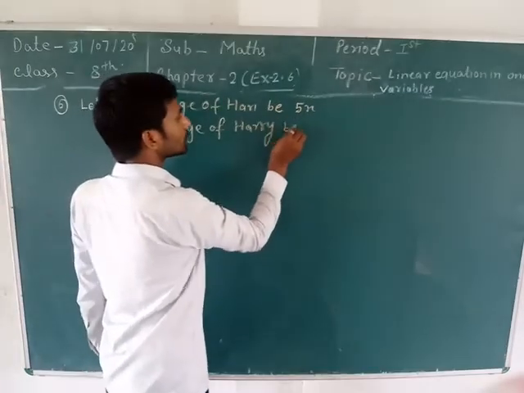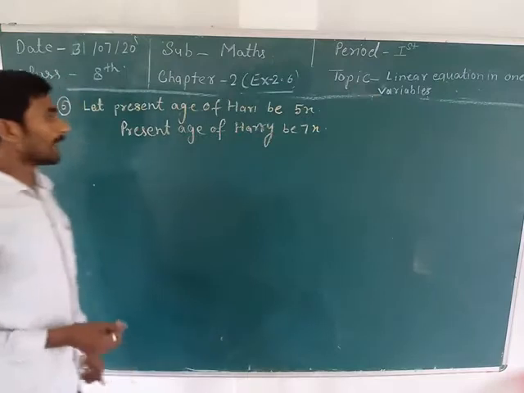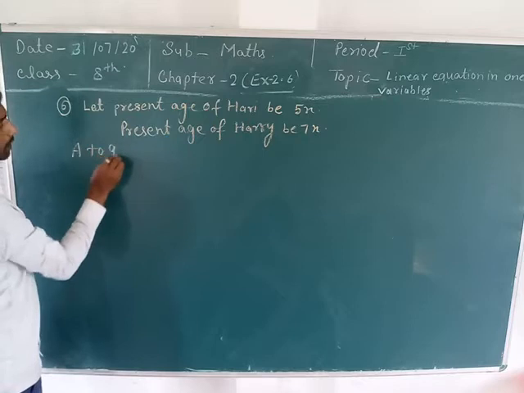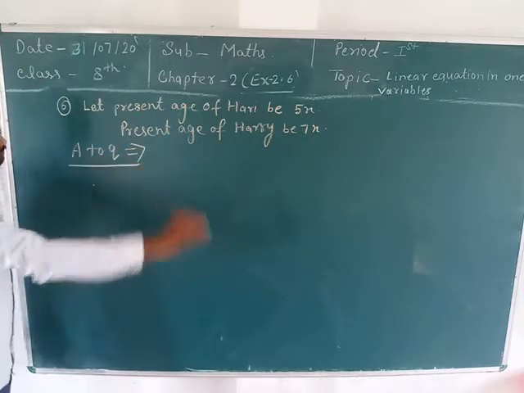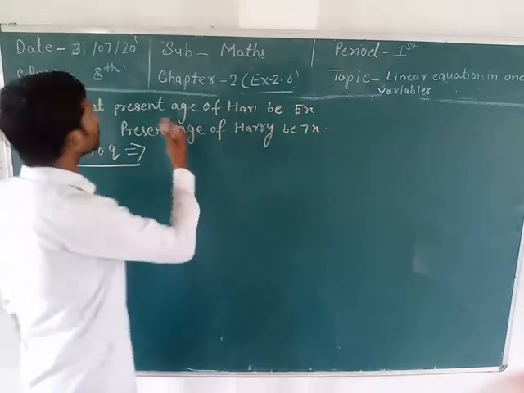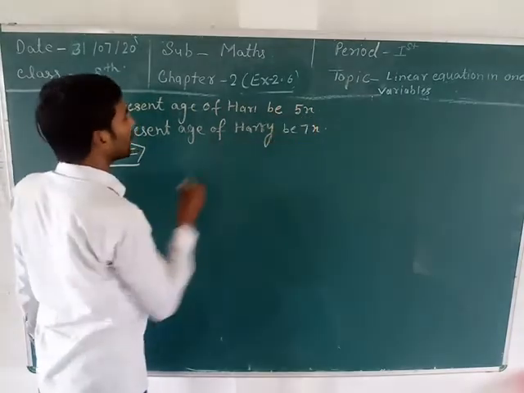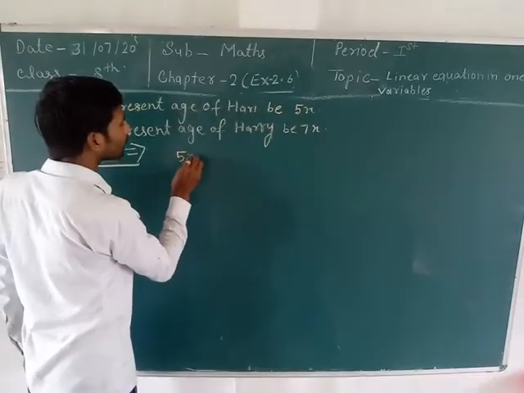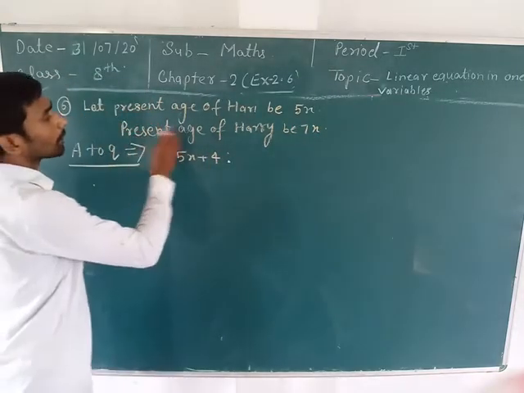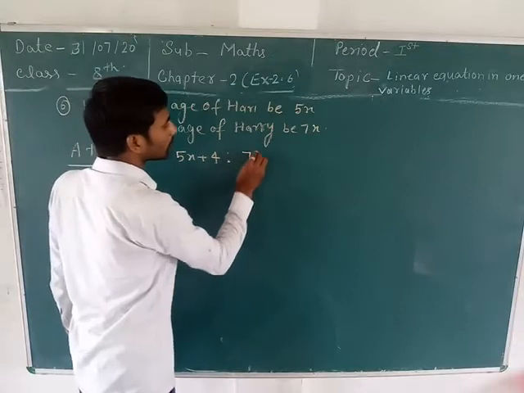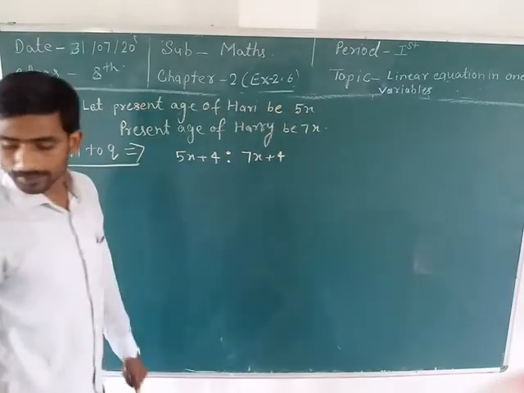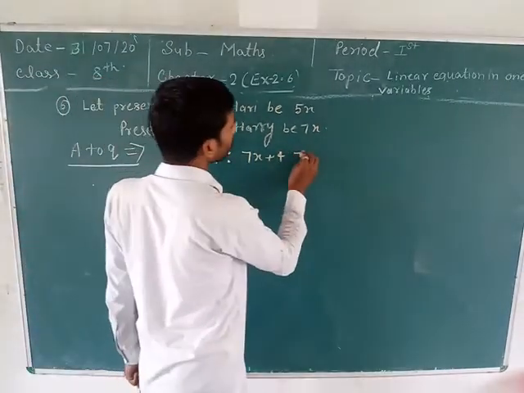According to the question, 4 years from now, the age of the first equal to 5x plus 4, and the age of the second equal to 7x plus 4. The ratio of 5x plus 4 and 7x plus 4 is equal to 3:4.